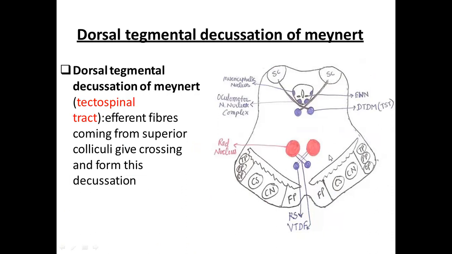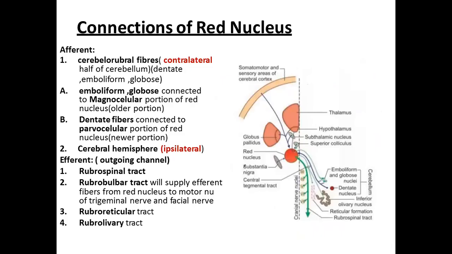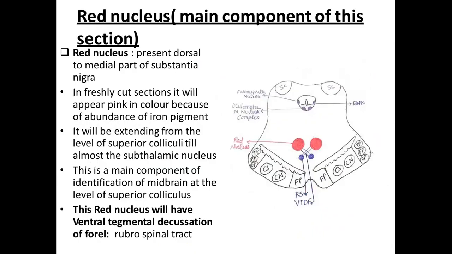And the red nucleus will have the ventral tegmental decussation of Forel, that is the rubrospinal tract. It is also present in the white matter of the midbrain at the level of superior colliculus.